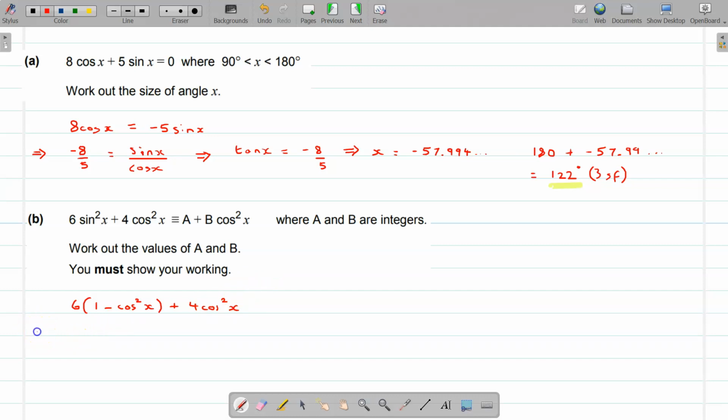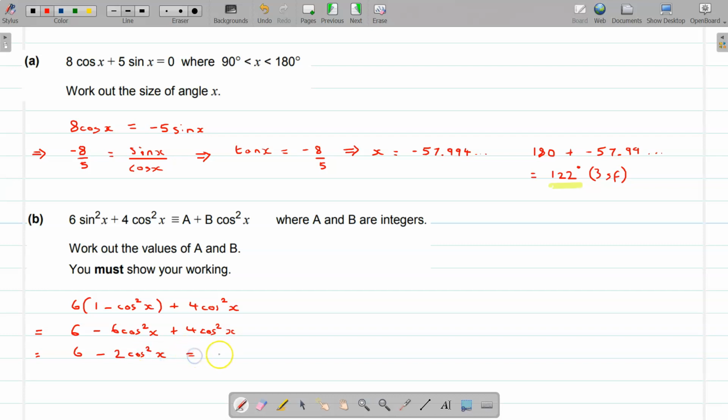And that equals 6 minus 6 cos squared x plus 4 cos squared x. Minus 6 plus 4 is minus 2. So it's 6 minus 2 cos squared x.